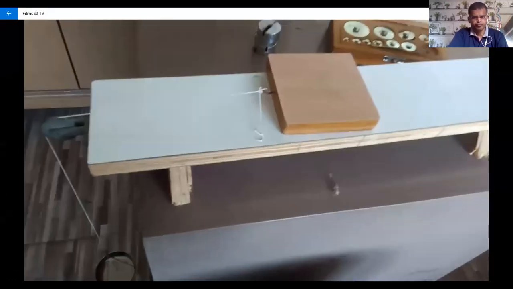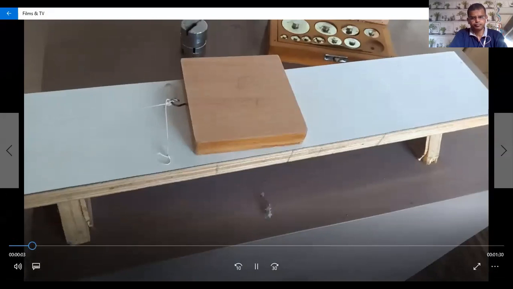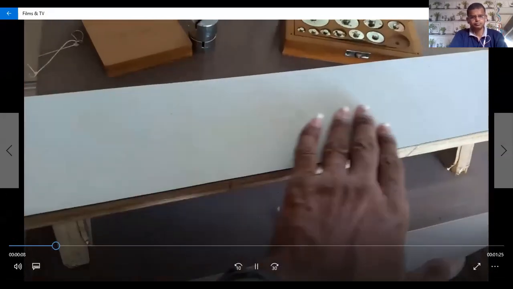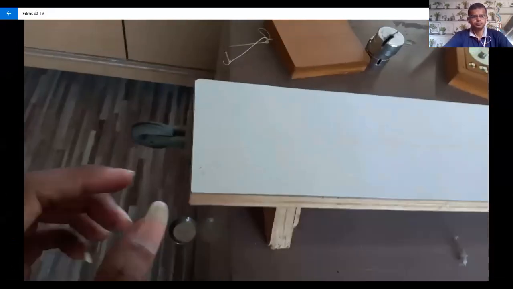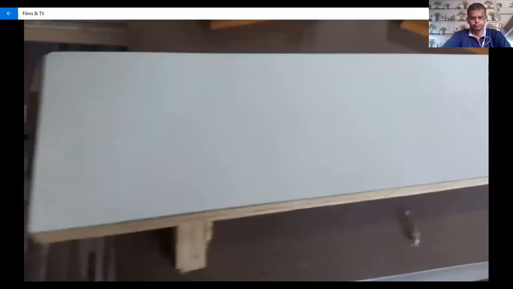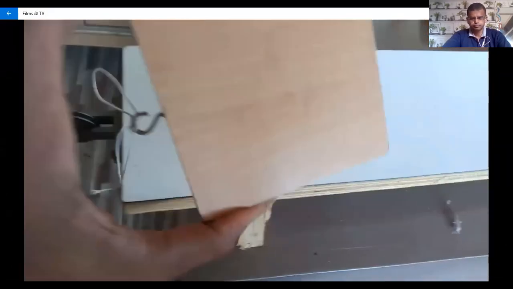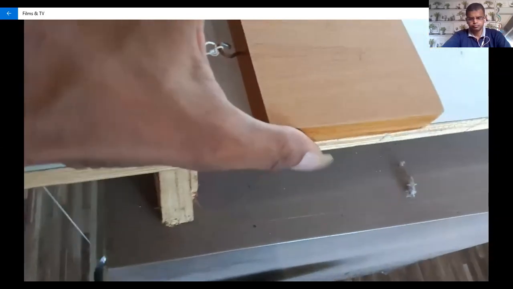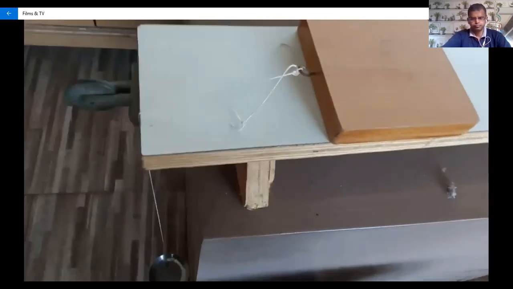As per the aim, today we use this setup. It is a wooden plain surface, and this plain surface has a hook. Now we use a simple block. This block moves here very easily with the help of some mass on the pen.